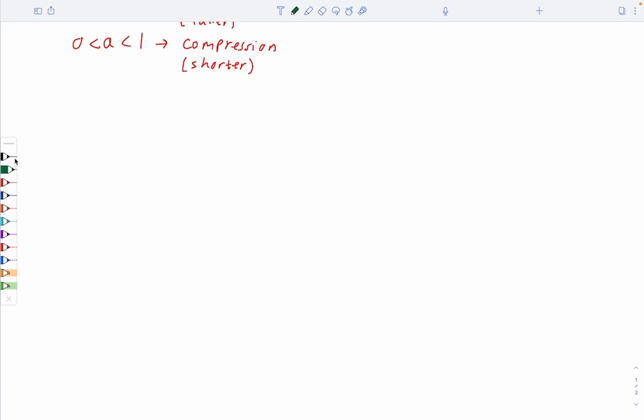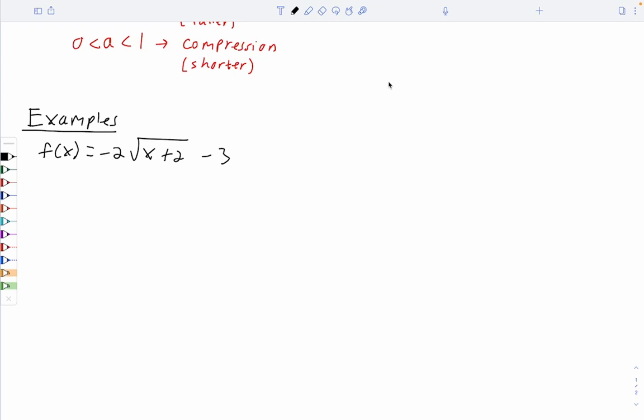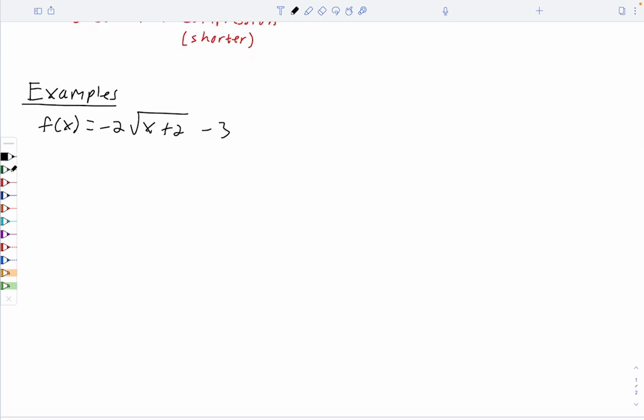So let's look at an example. Let's say you had the following function, f of x equals negative 2 square root of x plus 2, and then minus 3. Okay, so let's say we have this function. First, let's identify the transformations. In this case, the a value is negative, so this will cause a reflection.